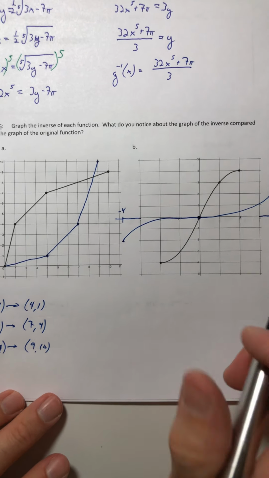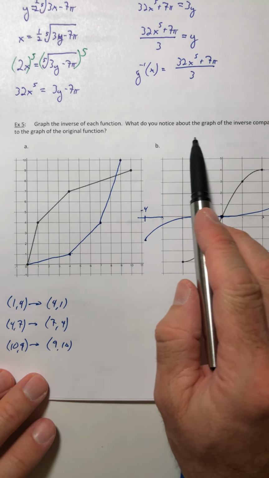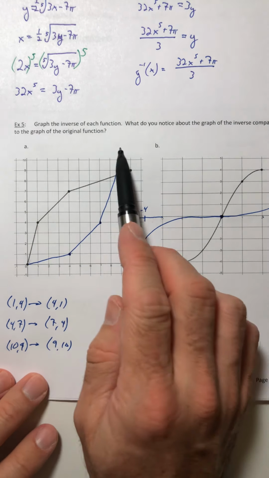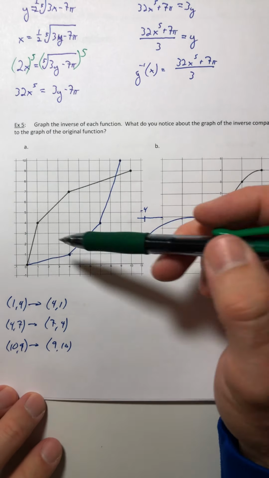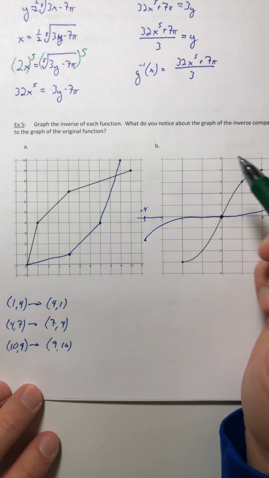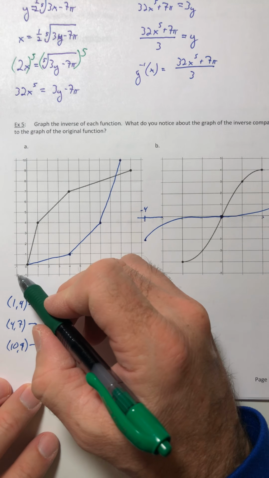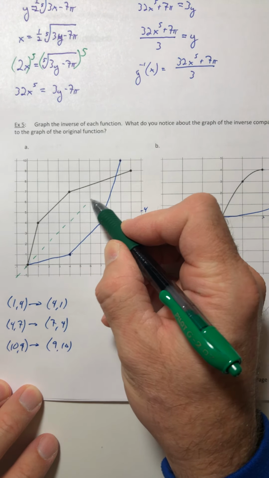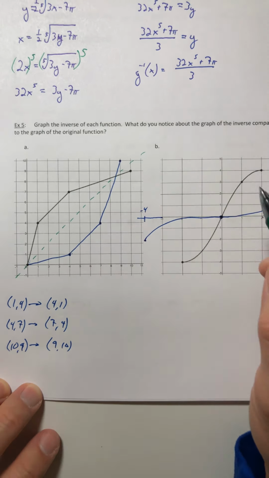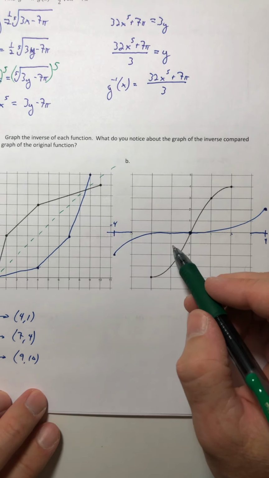So there's your graph. So then the last part of the question says, well, what do you notice about the graph of the inverse compared to the graph of the original function? So from going from a function to its inverse graph, it has the neat little property that they're symmetric about the line y equals x.